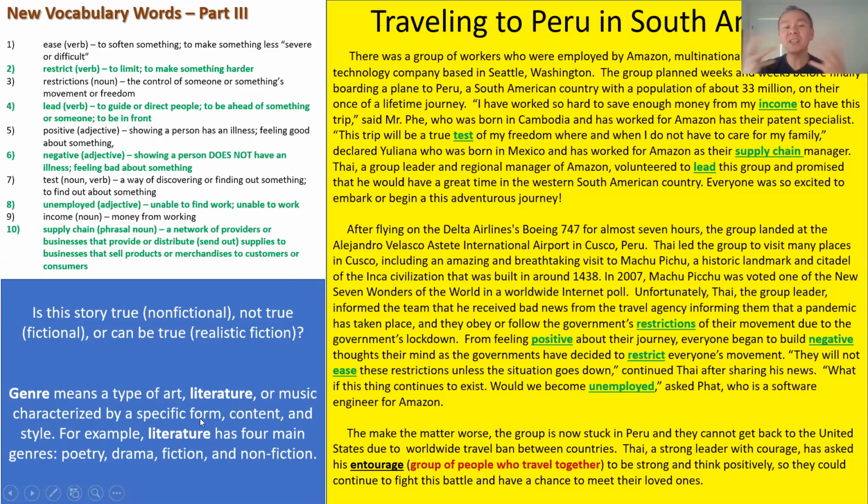Literature is anything that you can read, or maybe hear orally from a passed down story. So this literature can be a part of the four main types of genres. It can be poetry, drama, fiction, or non-fiction.